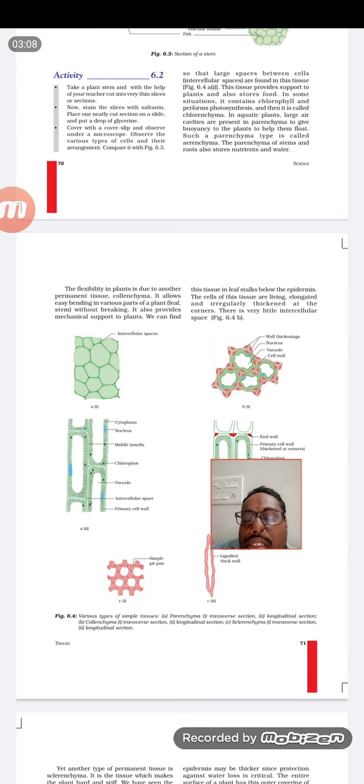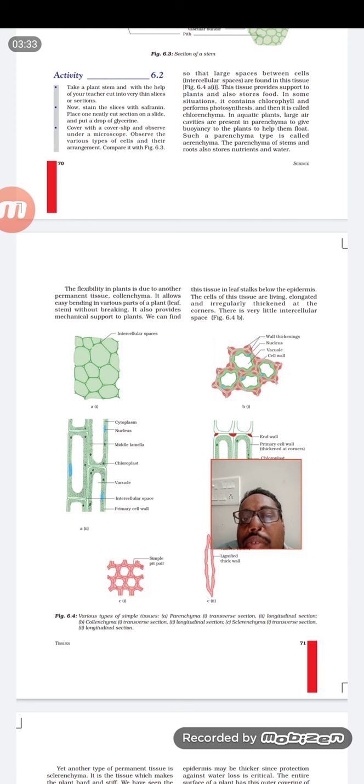flexibility of the plant. For example, if you have seen the stalk of the leaf, the stalk of the leaf is made up of collenchymatous tissues. That is the reason why whenever the wind is blowing, the leaf will bend in the direction in which the wind is blowing, but the leaf will never pluck off from that particular branch.